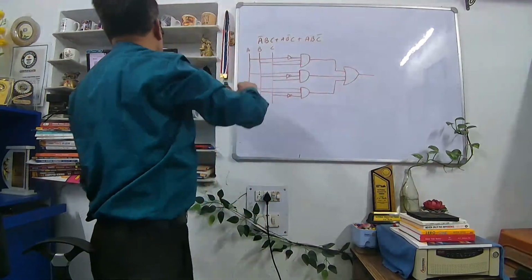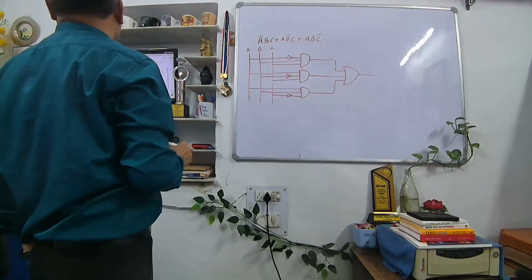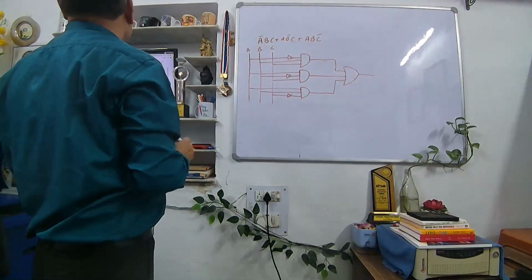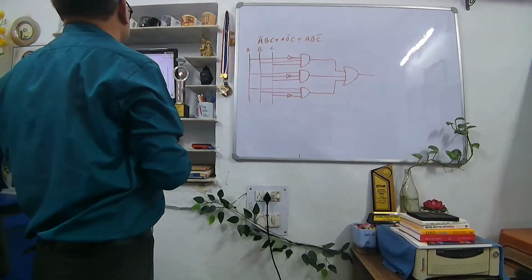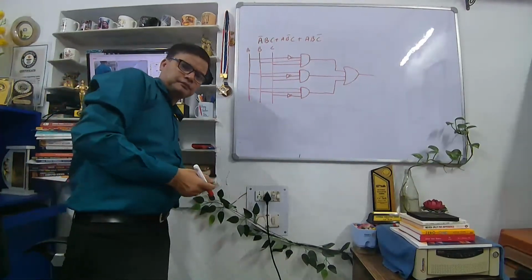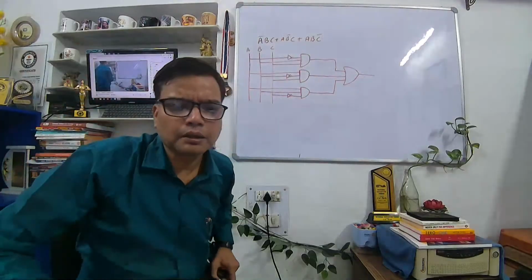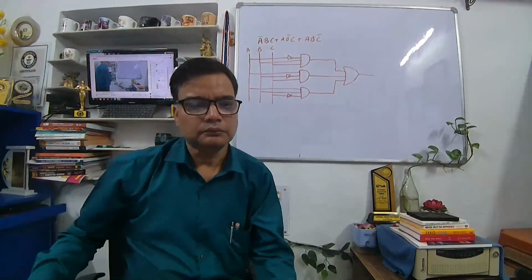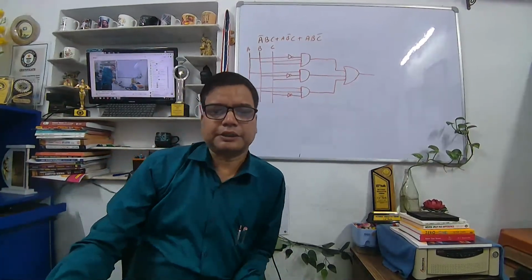Okay. So this will be the logic circuit. You can get a question where you are given a Boolean expression and asked to draw the logic circuit. Right. So this part could be done. Okay. This is clear.